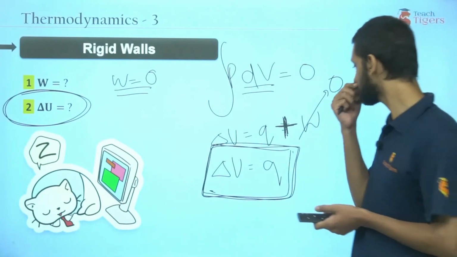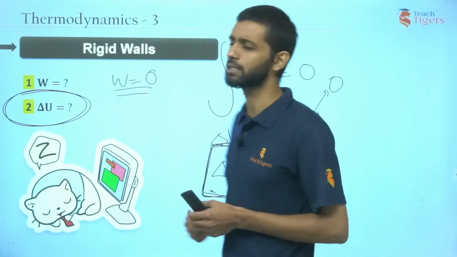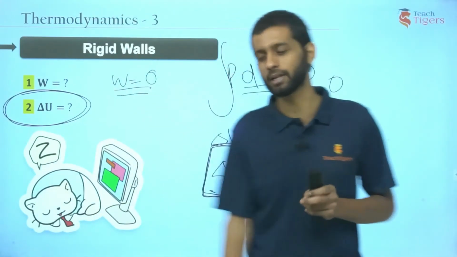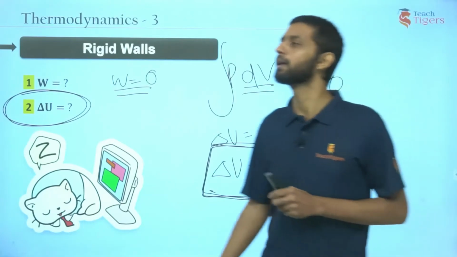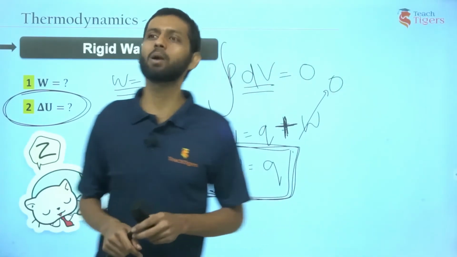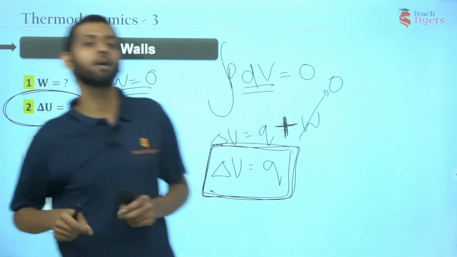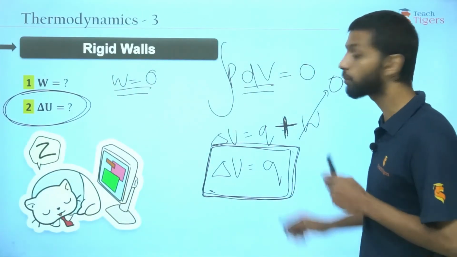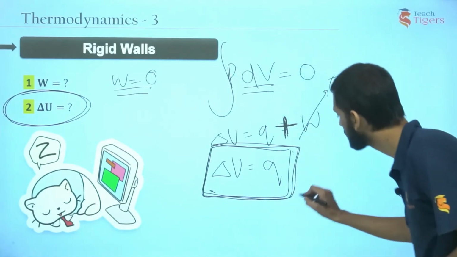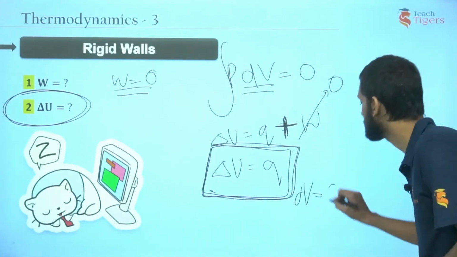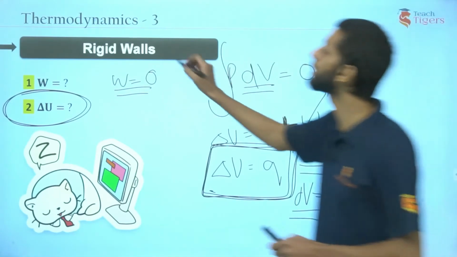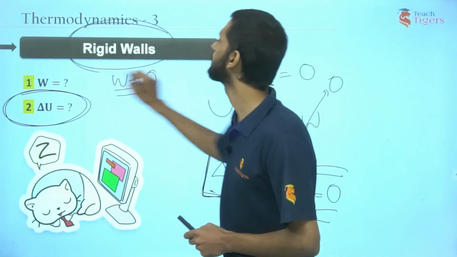It's going to help us in defining so many things, like heat capacity of the system and heat capacity of ideal gases. A lot of questions are asked from heat capacity of ideal gases. So delta U equals Q, but what is the condition? dV is 0. Change in volume is 0. You can't increase or decrease the volume because your walls are rigid.